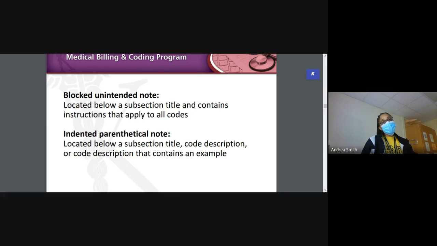So it's indented to say you can use the 73110. Because you remember you want to code to the most specific code possible. Now, there have been times where we've had cases that say we took 4 views of the wrist, but there's not a 4 view here. So which one would you use? Correct.